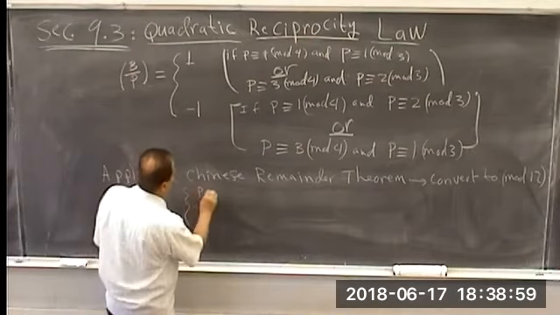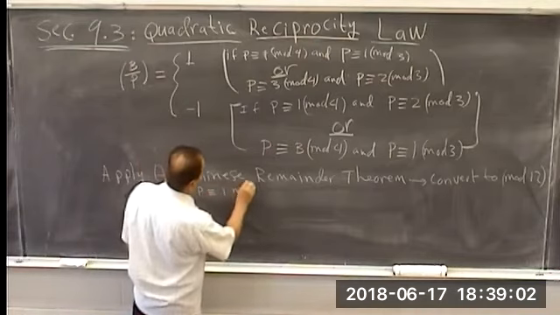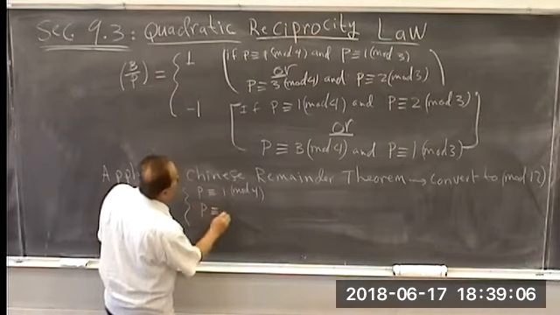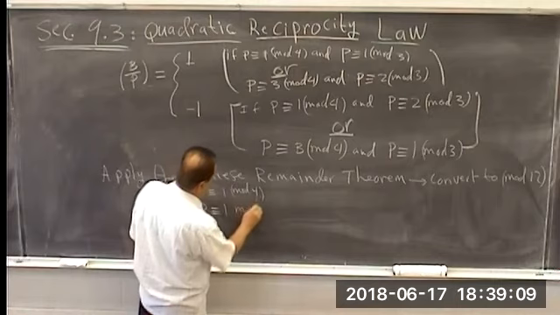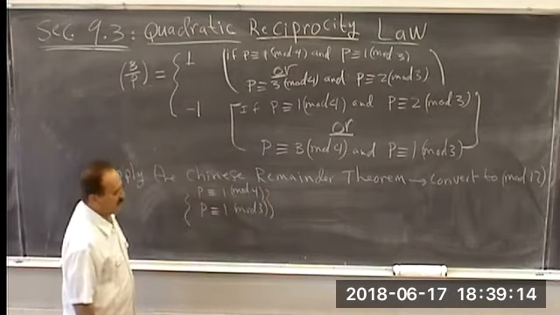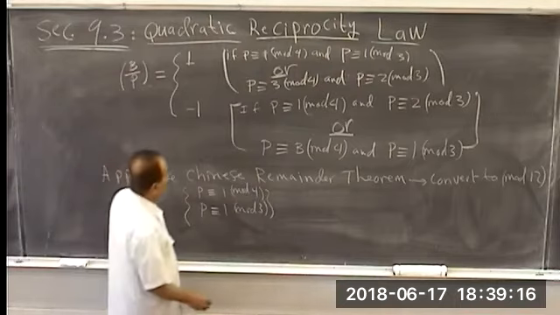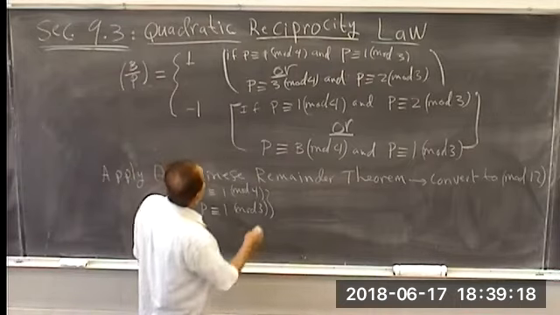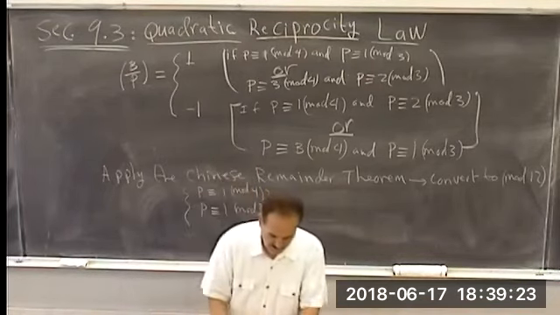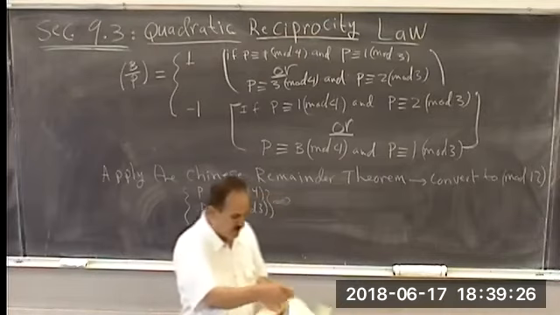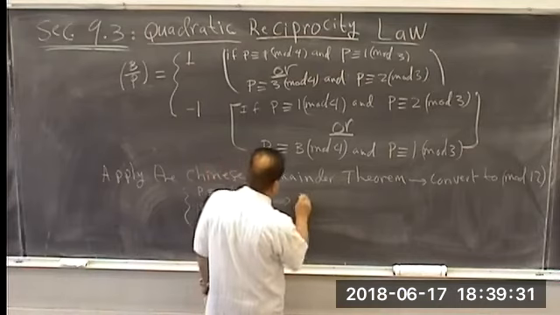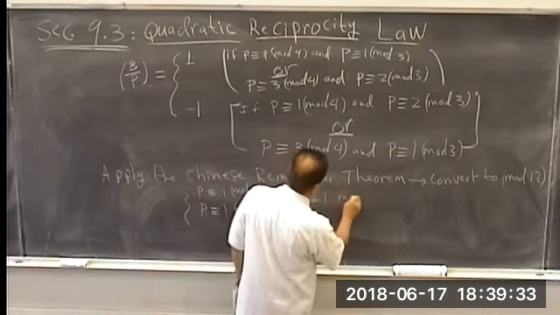p congruent to 1 mod 4 and p congruent to 1 mod 3. We apply the Chinese remainder theorem to this system of congruence equations, and this gives p congruent to 1 mod 12.